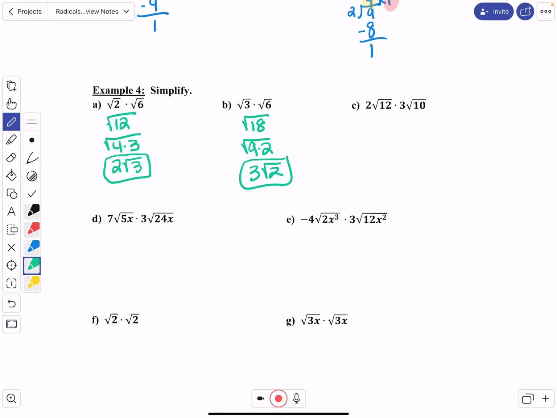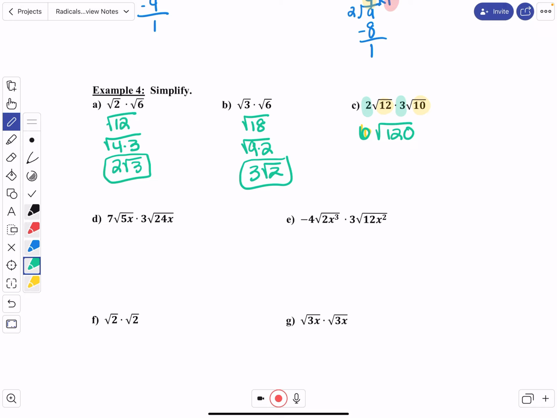Now, on C, what you want to do is you want to multiply the outside numbers and multiply your inside numbers. So 2 times 3 is 6. And 12 times 10 is 120. And then now we can reduce 120.